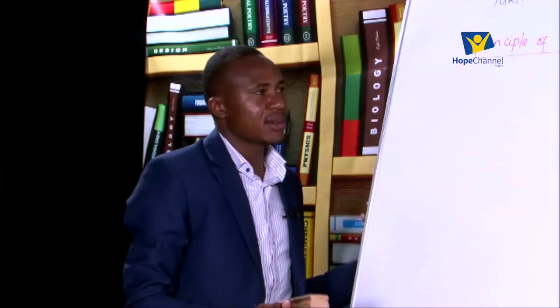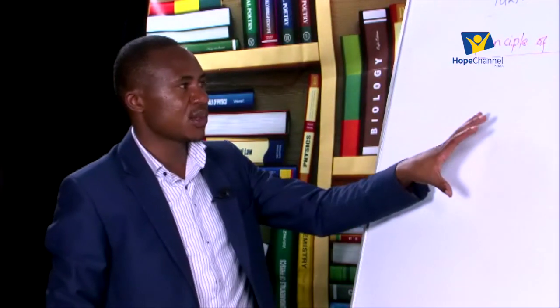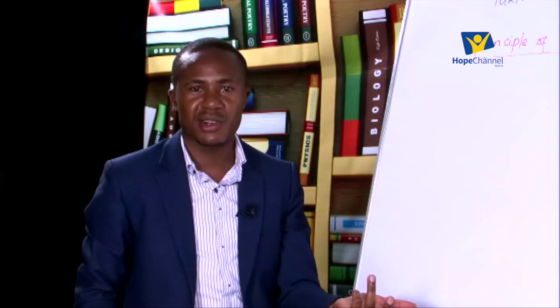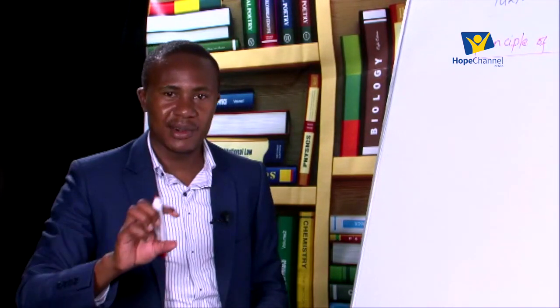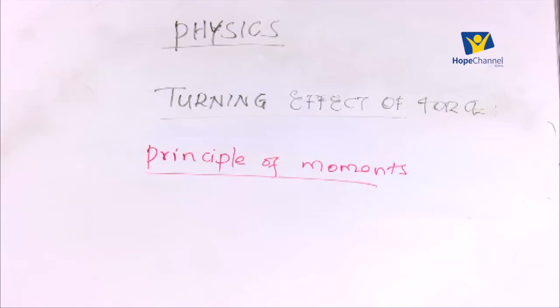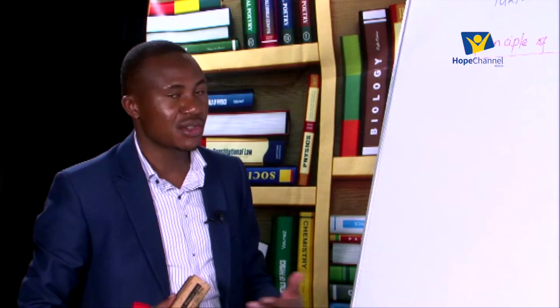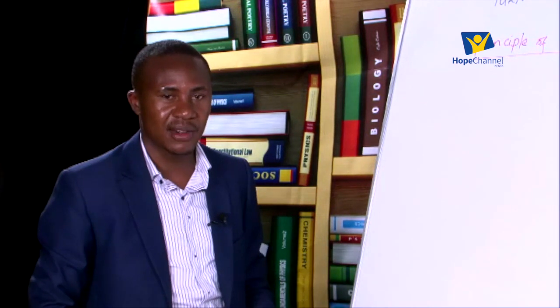When we were talking about the moments of force themselves, we were considering a case when we are having only one force applied on an object. Now, suppose we have more than one force acting on a given object, then how will the moments relate to one another? The moments due to each of the forces on that object.